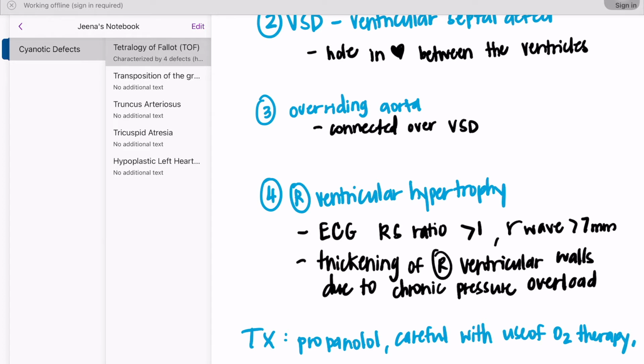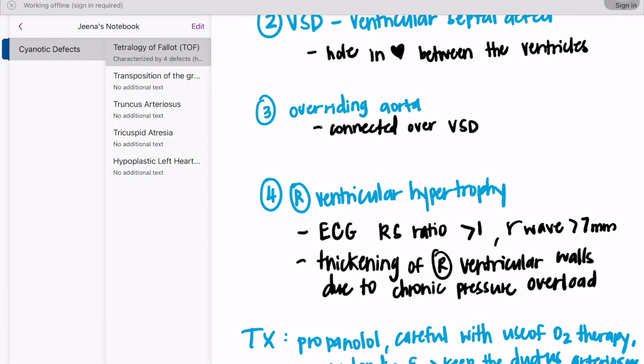Then what you want to do is put them on prostaglandin E. So prostaglandin E is to keep the ductus arteriosus patent.